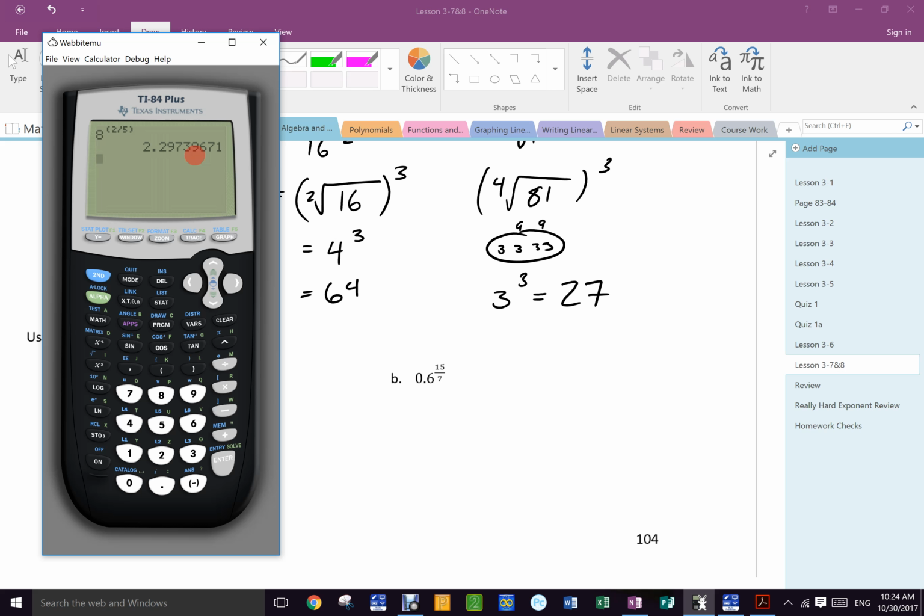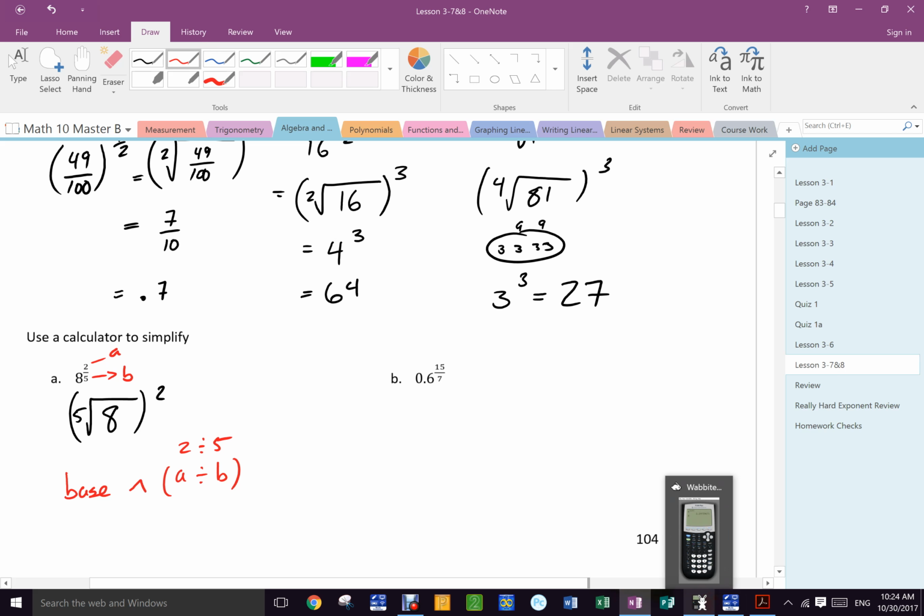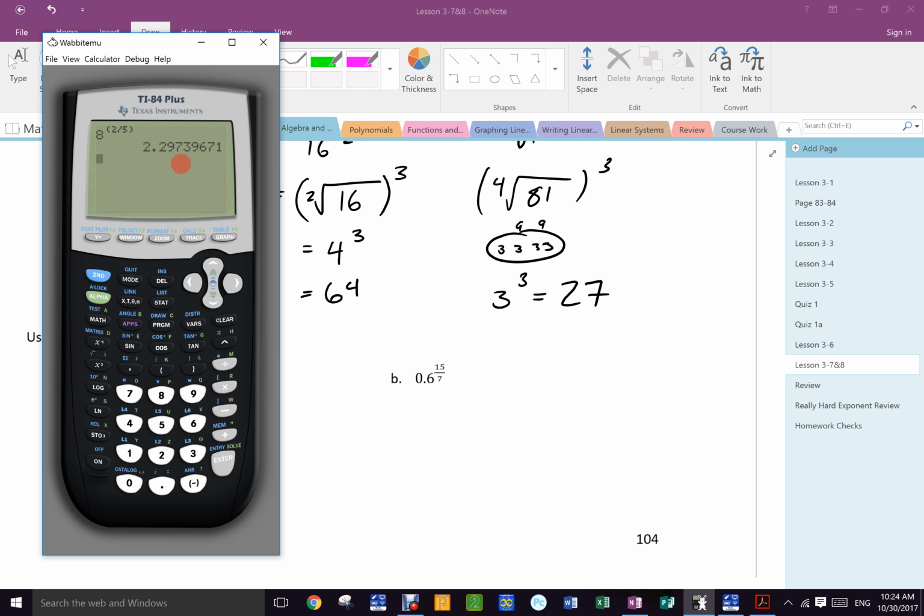So we round it off. Do I care? I don't care where you round it off to. Some of you are going to round that to 2.30. Some of you are going to round it to 2.3. Some of you are going to round it to 2.97 because that 3 is the first place that it doesn't bump up the next number. Do you follow me? If I were faced with this, I would not ask my teacher what you wanted me to round to.